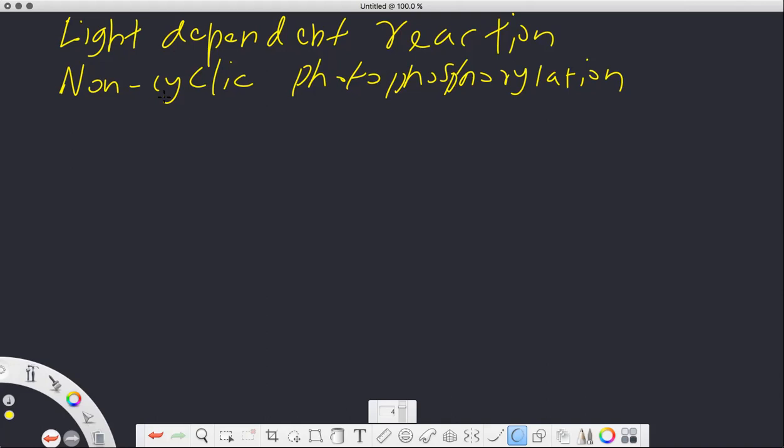And what is photophosphorylation? We learned previously oxidative phosphorylation. So oxidative phosphorylation, what we learned, an ADP molecule can combine with a phosphate group to make ATP.